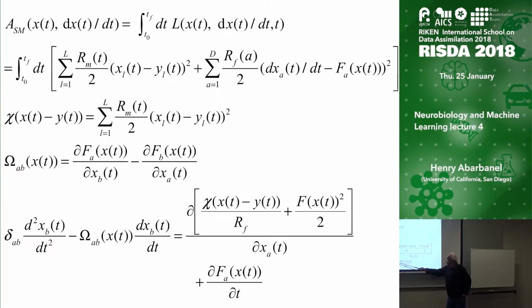The second term involves the Jacobian of the underlying dynamics, df dx, which we've seen before. But the antisymmetric part of it, I call that omega. And then the derivative of the rest of it, this is the measurement error, and this is the remainder from the action itself from the f squared term.